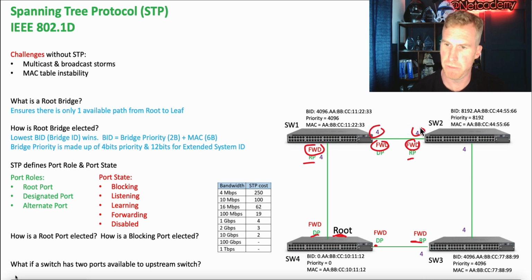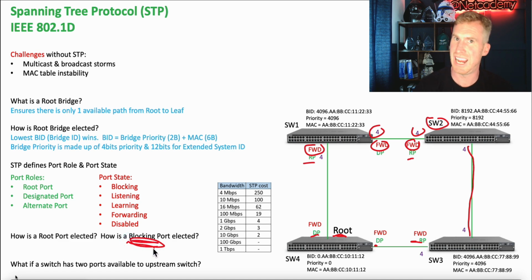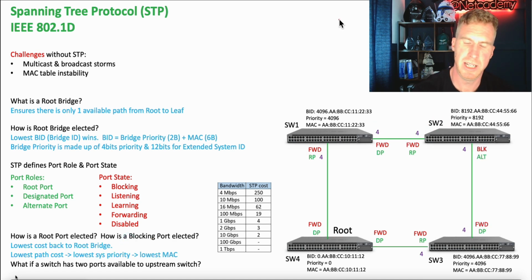Now note here for SW2, for this link right here, I've left this blank, because the next question is, how is a blocking port actually elected? And what it really comes down to at the end of the day in the STP world is lower the better. So the first process in determining what is going to be the blocking port, the lower the cost, the better.